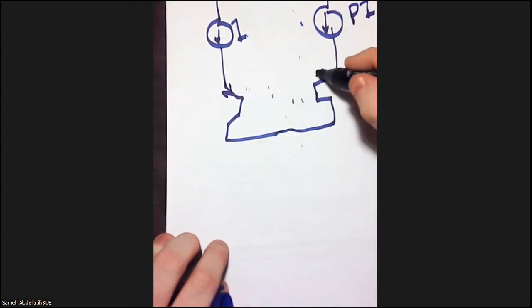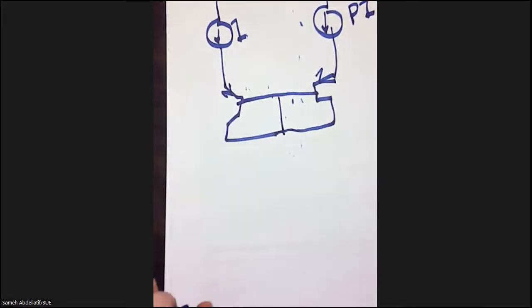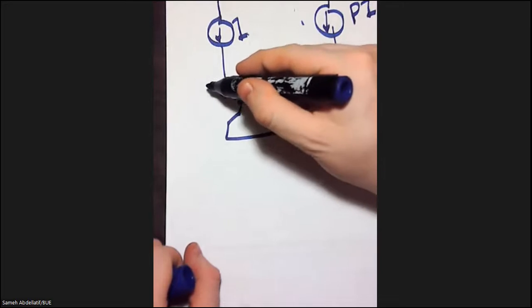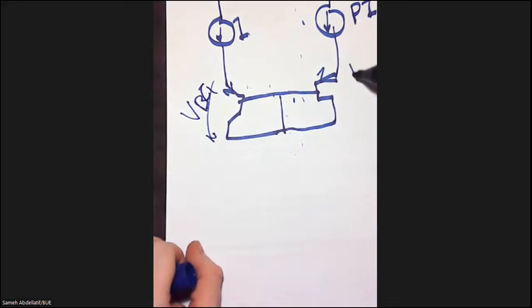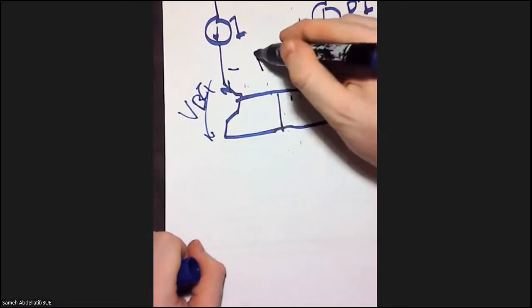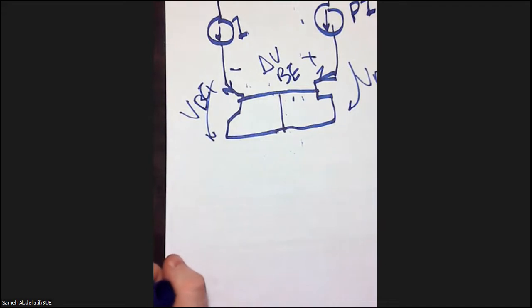We have here a direction to indicate that this is a PNP transistor. And as you can see, we have this schematic. So now this is VBE1, and this is VBE2, and this is plus, and this is minus, and this is delta VBE, as you can see.